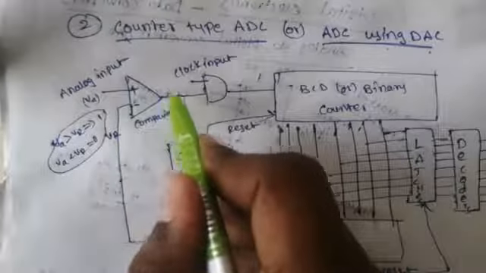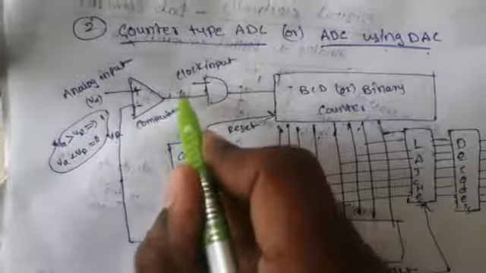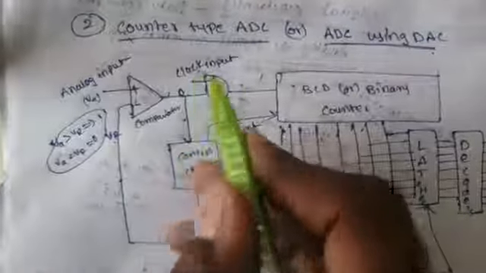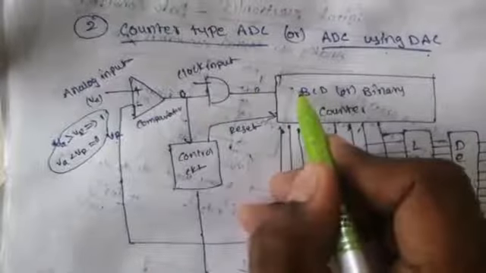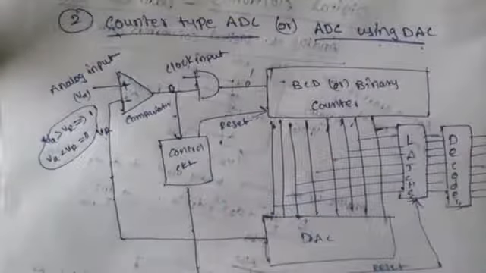If the comparator output is 0, the clock signal will not be produced to the binary counter, so it will not be incremented.